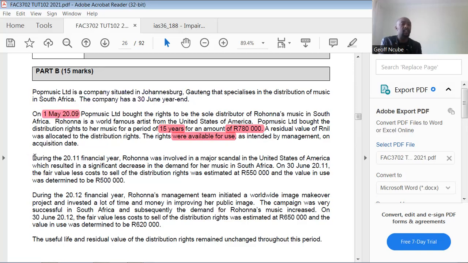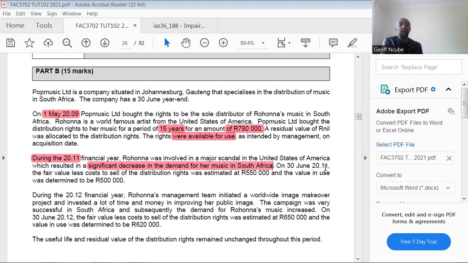Then they are saying during the 2011 financial year, Rohana was involved in a major scandal in the United States of America, which resulted in a significant decrease in the demand of her music in South Africa. So that is the indicator. That's how you know, oh, okay. So we're saying there is a possibility that the asset is impaired. That's why it's called impairment testing. You test. Is it hot? Is it not?